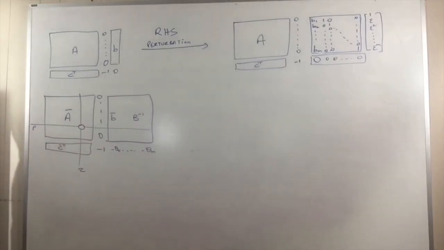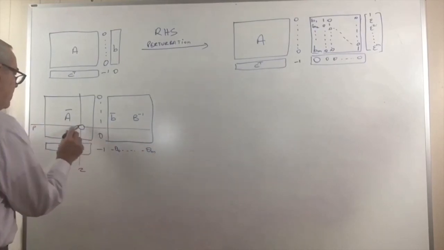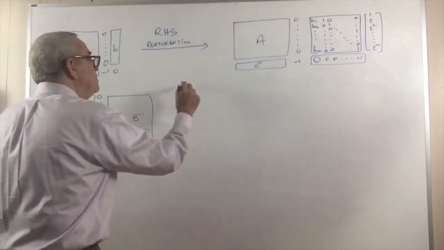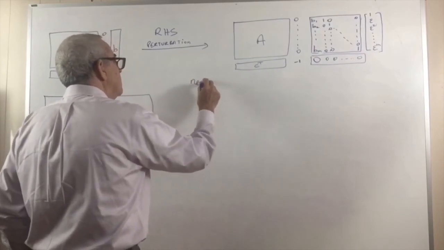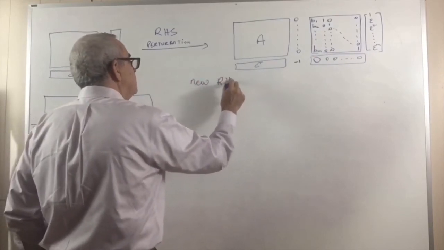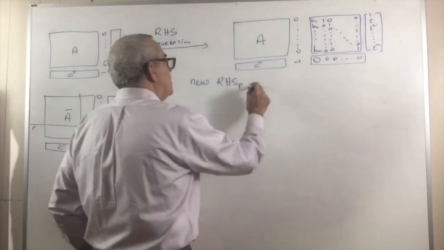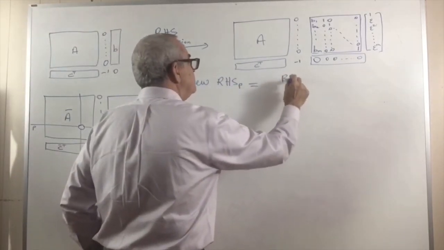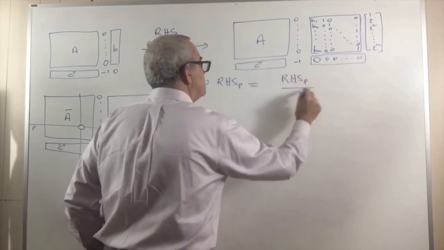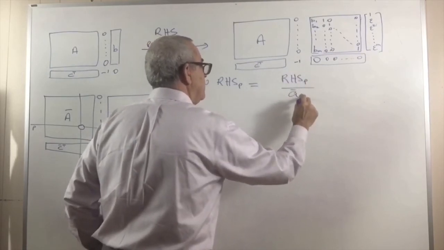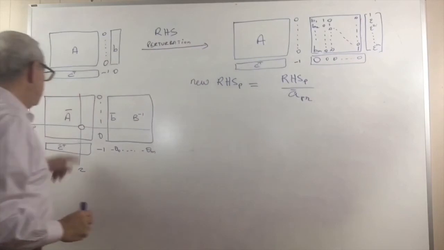What kind of operation do we do? The pivot row, we have to take this row here and divide it by this element. So the new right-hand side of P is just the old right-hand side of P divided by A bar of PR. We just have to divide by this element.